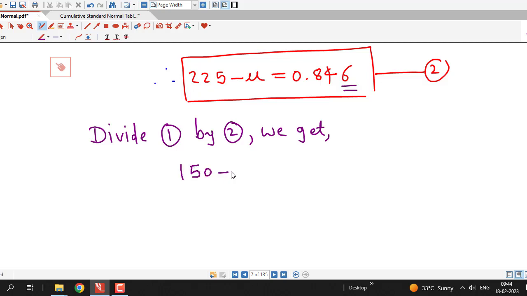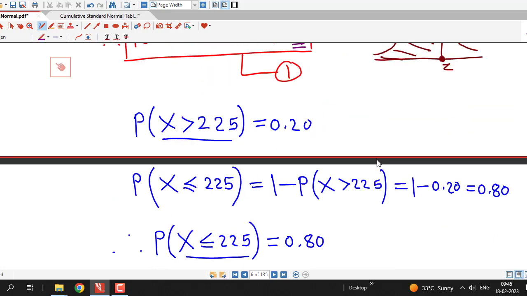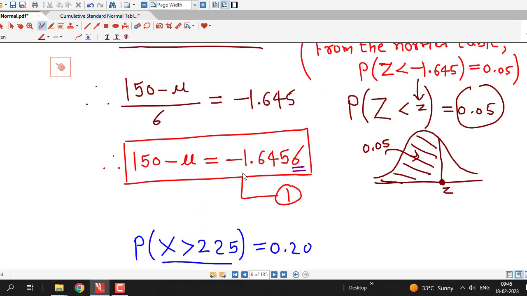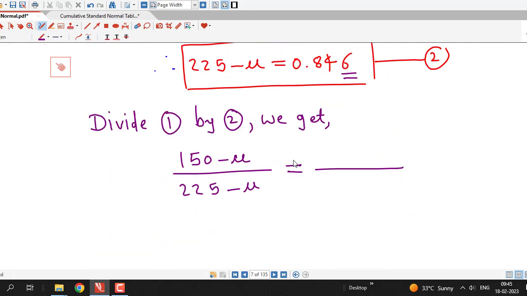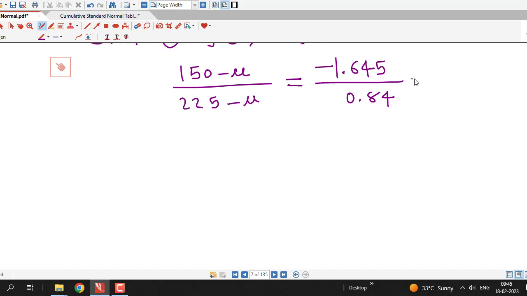So (150 minus mu) divided by (225 minus mu), this is equal to, on the right hand side we have sigma in the product, sigma will cancel out, and here I have minus 1.645 divided by 0.84, and if I take this division, this is going to be minus 1.9583.